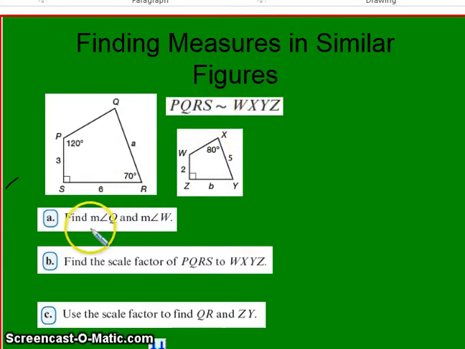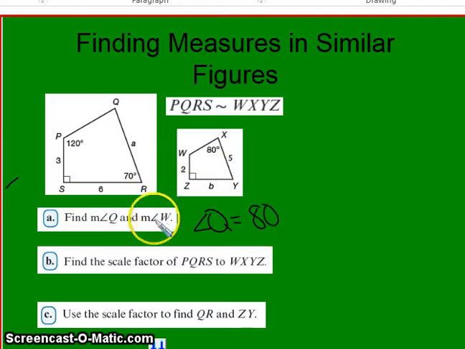Part A, we need to find the measure of angle Q and the measure of angle W. We'll start with angle Q. We know angle Q and angle X are congruent, and in this picture they tell us that angle X is 80 degrees. So the measure of angle Q is also 80 degrees, because the figures are similar, so corresponding angles are equal.